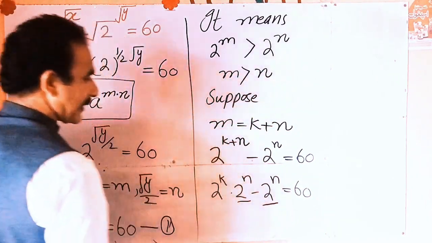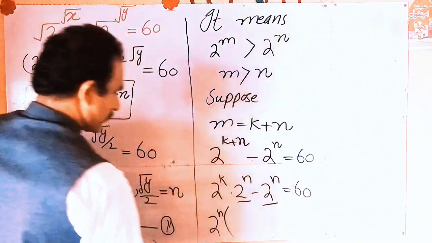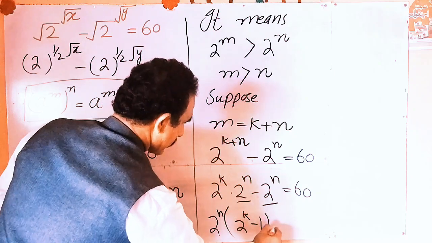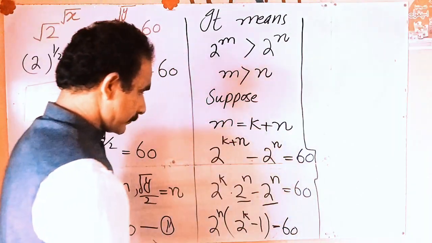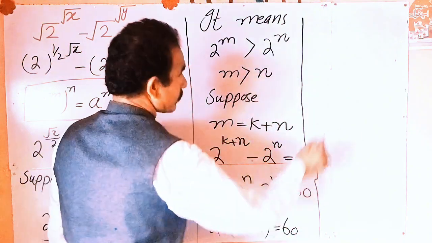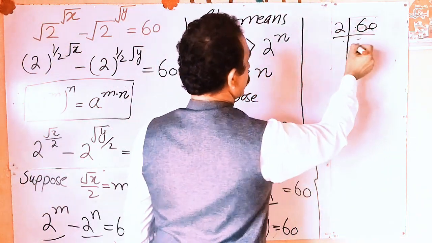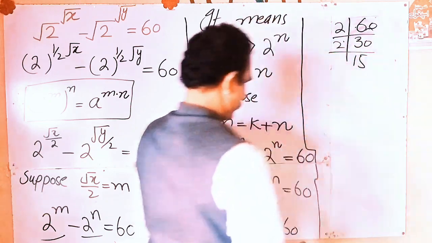Here 2 power n is common. We take 2 power n common, remaining 2 power k minus 1 is equal to 60. Divided by 2, 30, 15.